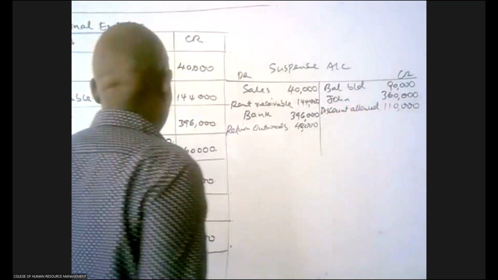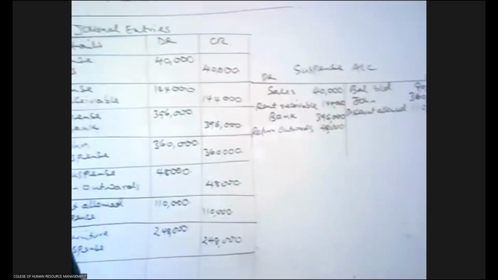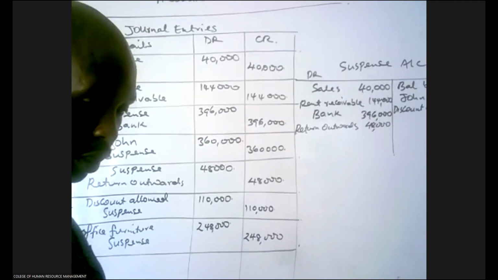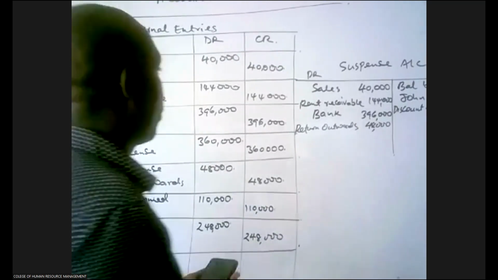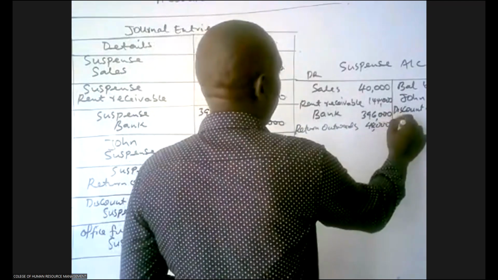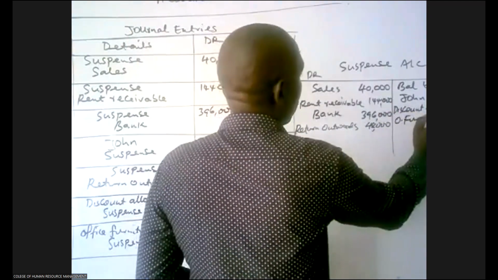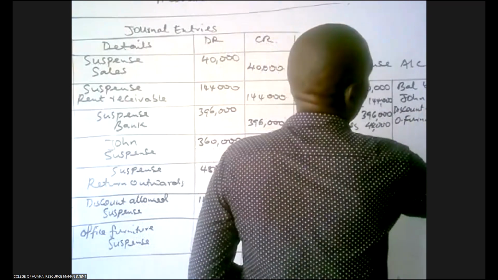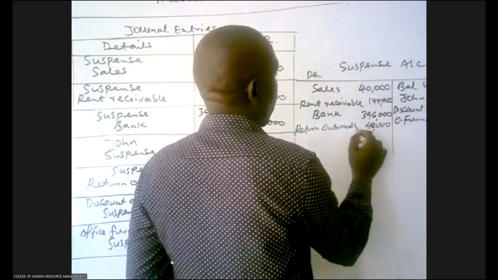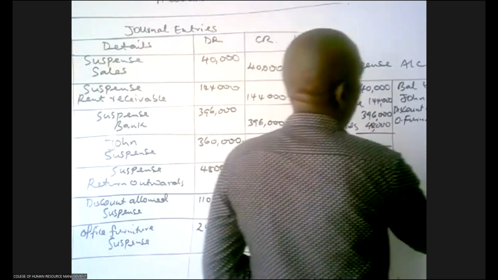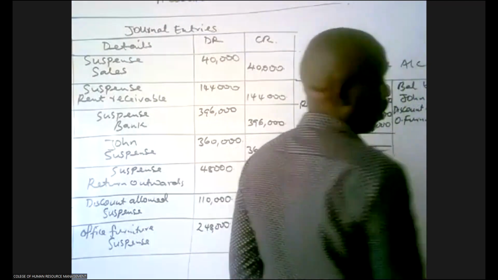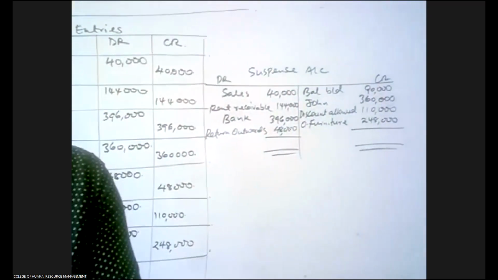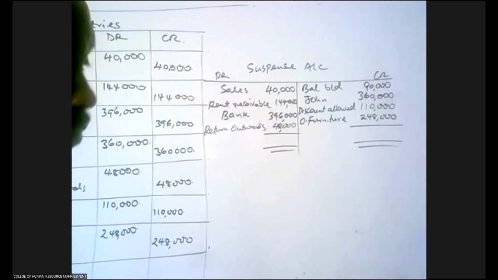And lastly, suspense has been credited by 248,000. The other account is office furniture, 248,000. Then this account should self-balance.